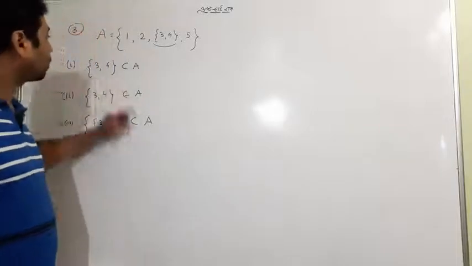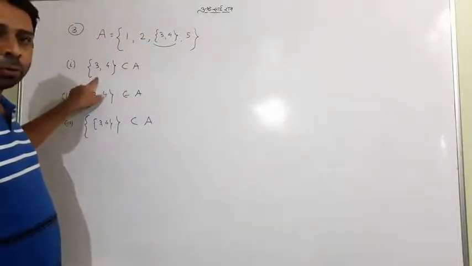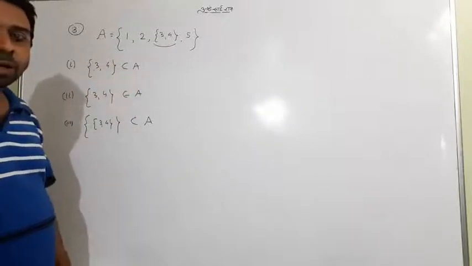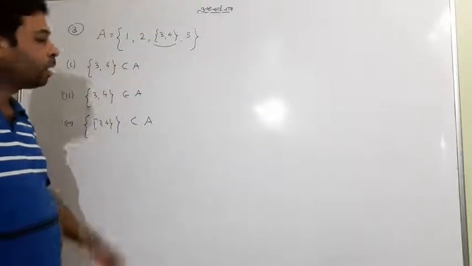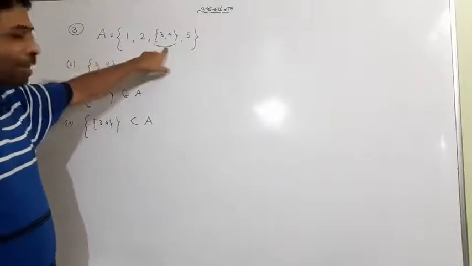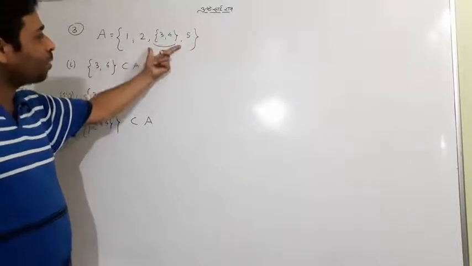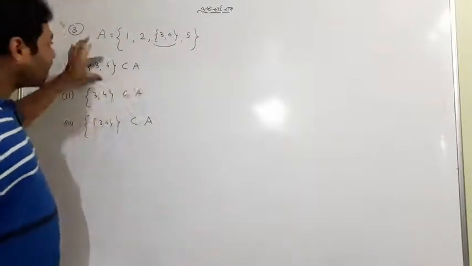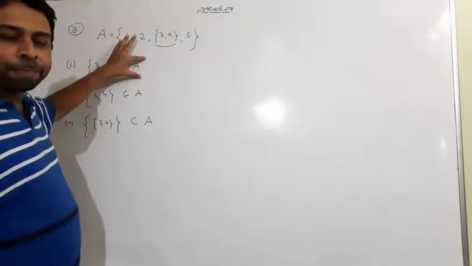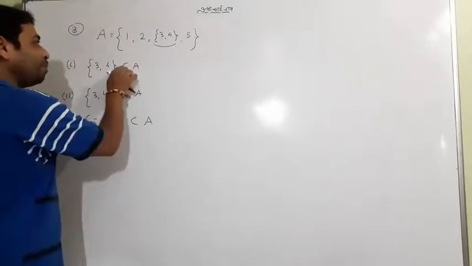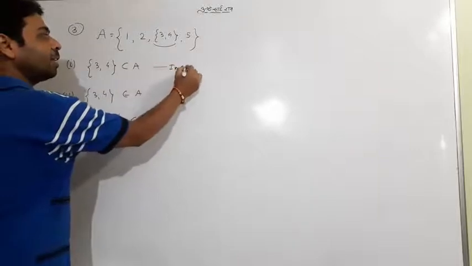Now {3, 4} in the form of a set, is it a subset of A? Is it correct? No. Why? Because it is not a subset. Even though it looks like a set, look at the element now. This {3, 4} is already an element of A, so it should be belongs to. But if we say subset, it is an incorrect sentence.